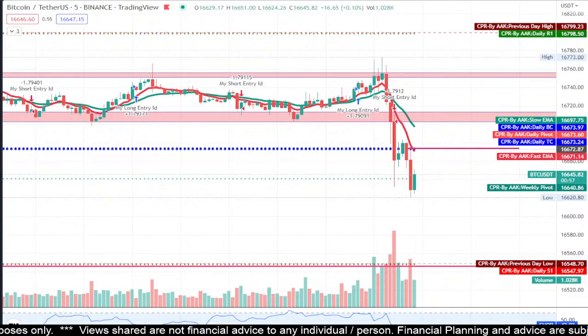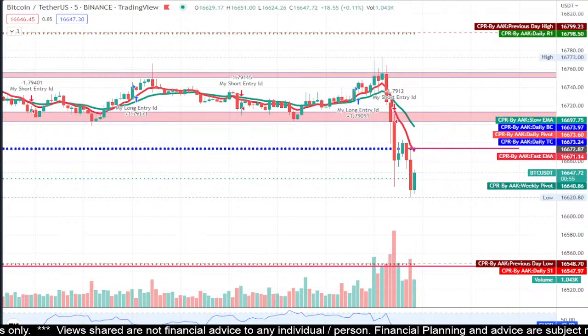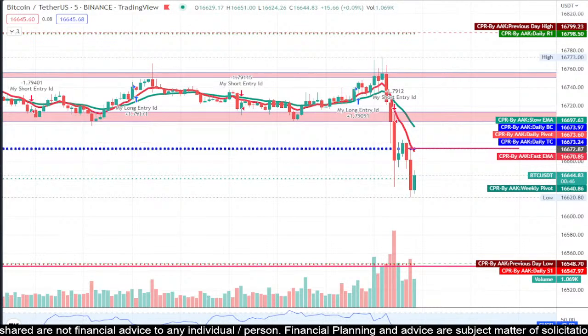So the market is looking really promising right now, and it is giving the move towards our direction, which is the shorting or selling of Bitcoin. What I'm doing is trading Bitcoin futures, and the exchange which I'm using right now is Binance Exchange.